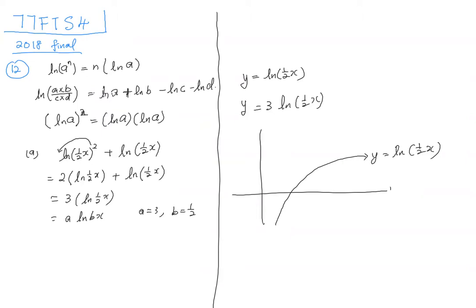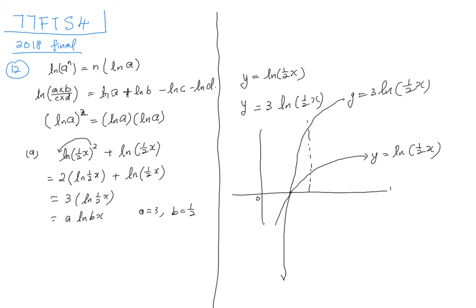From this point, everything moves up triple. Yeah, 0 is still 0. So the rest all go up 3 times. Are you clear? For example, this point, triple. So the graph will go like that. The negative will become more negative. You go like that. So this is your y equal to 3 times ln half x.